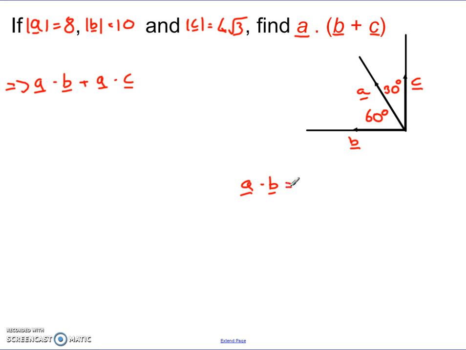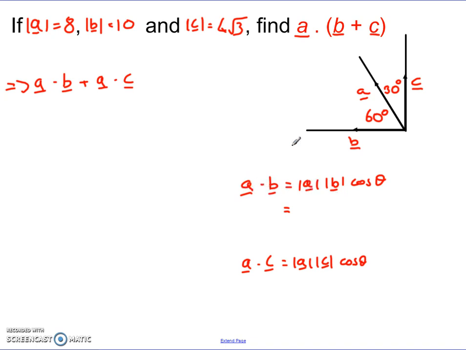Our scalar product for A dot B is the equivalent of magnitude of A, magnitude of B, cos theta, where theta is the angle between them. And it's the same for the A dot C, except it's magnitude of A, magnitude of C, cos theta. And for this one, theta is the angle between those. So we can substitute in the values and the information given and get both of these and then add them up.